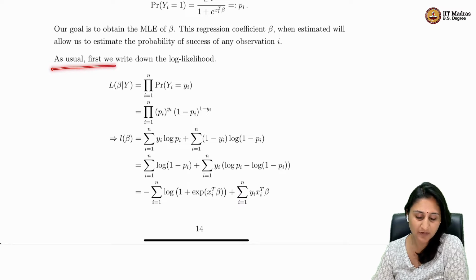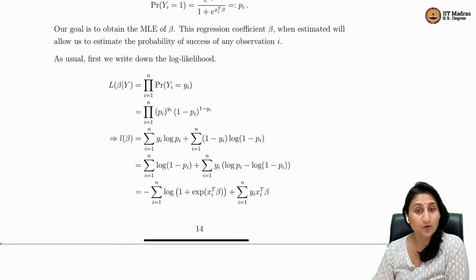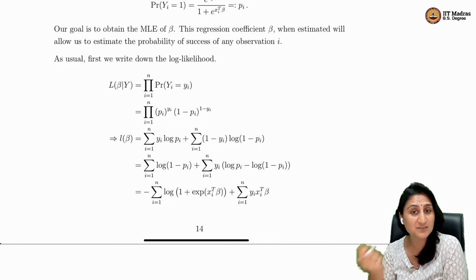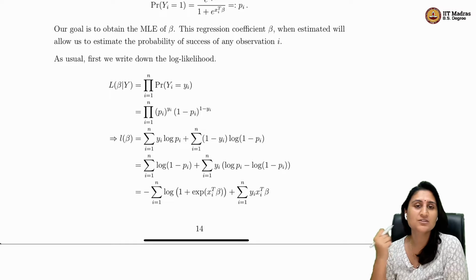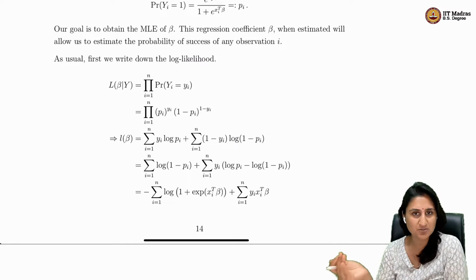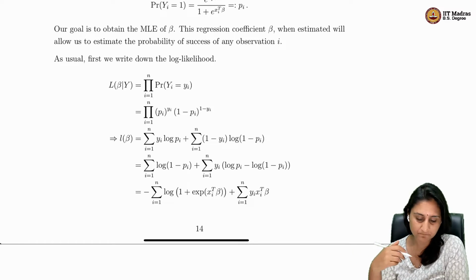So as usual, first we write down the log likelihood. But to actually write down the log likelihood, we write down the likelihood function. Now, the likelihood function of beta given y is nothing but the product, i going from 1 to n, of the probability that capital Yi equals small yi, because that's my data. So the likelihood function is nothing but the joint distribution of all the observations, and in this case the joint distribution is the joint probability mass function.